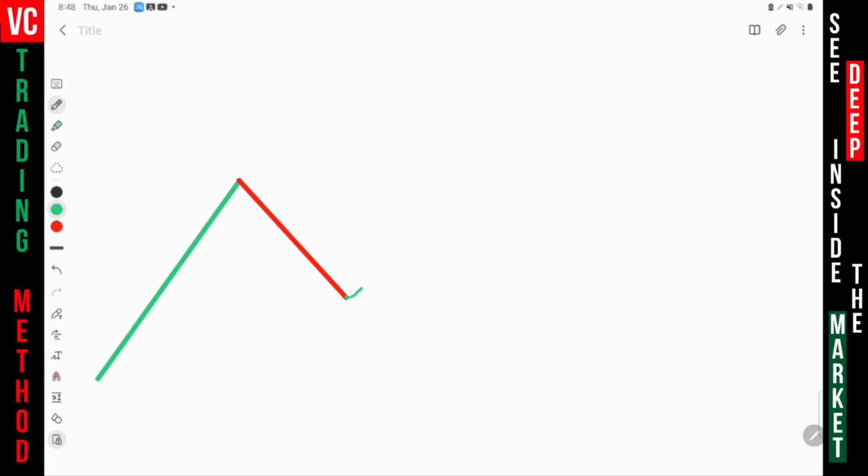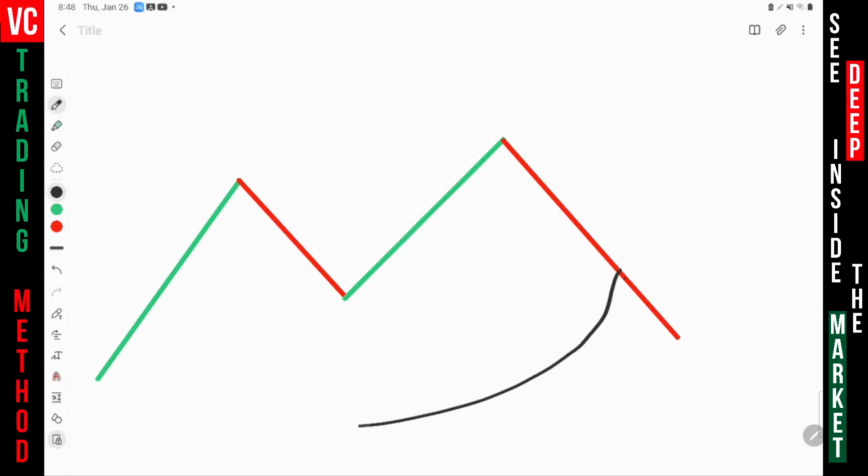Again, up wave, down wave. If we compare this down wave to this down wave, it is called non-continue.